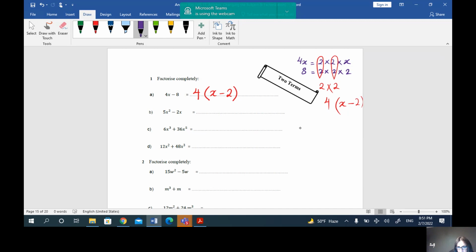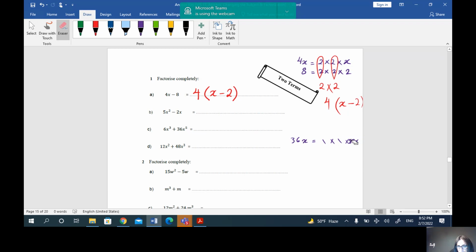Space is very tight. 6x cubic is 2 times 3 times x times x times x. 36x to the power of 5. 36 is 2 times 2 times 3 times 3 times x by itself 5 times.